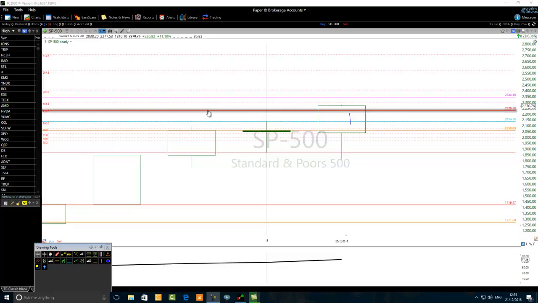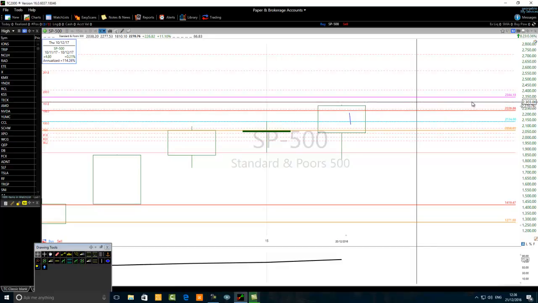That's the line here. Just call that level 2300. You want to know that level down for the S&P 500 if you are trading it, because it's a resistance ahead of us right now, a resistance that the professionals are watching.